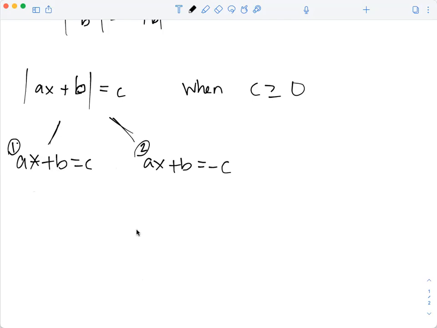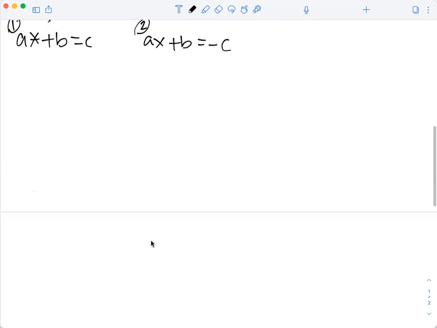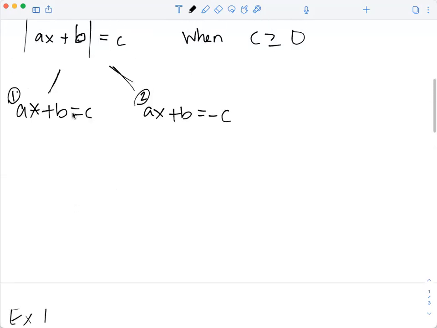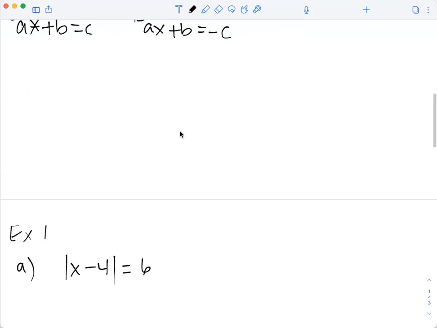So let's look at the first example. Example 1A. We're going to solve the absolute value of x minus 4 equals 6. Based off of this property, we can write two linear equations.